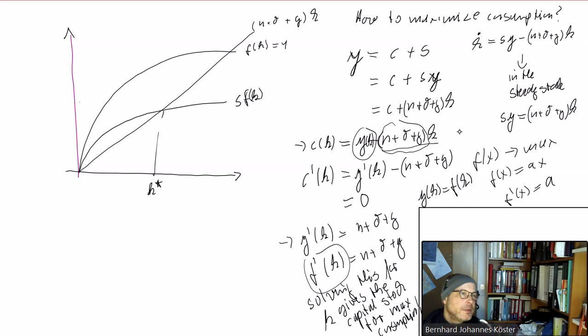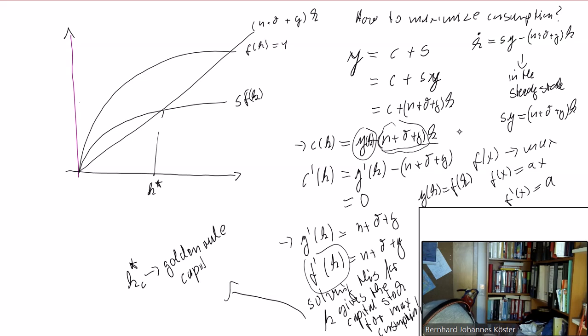And therefore, this is then called the so-called golden rule capital stock, because then the society has the highest consumption level. k_G star, and this is the so-called golden rule capital stock.